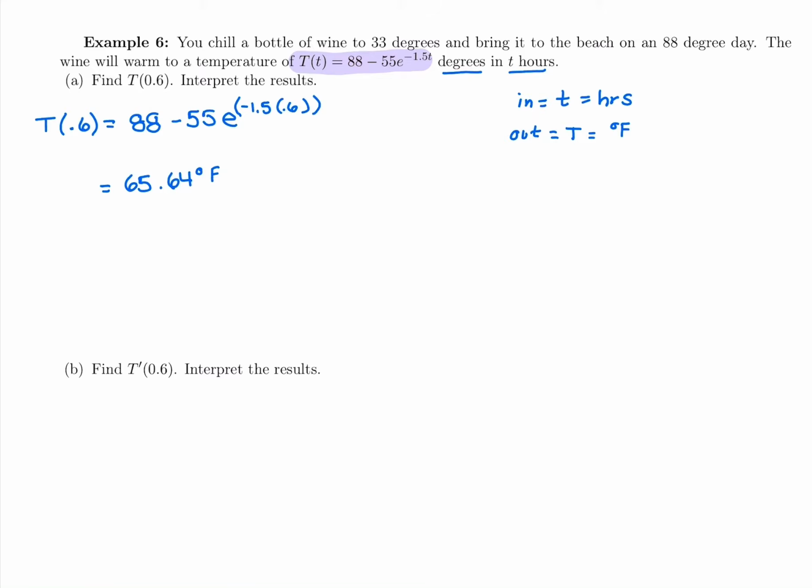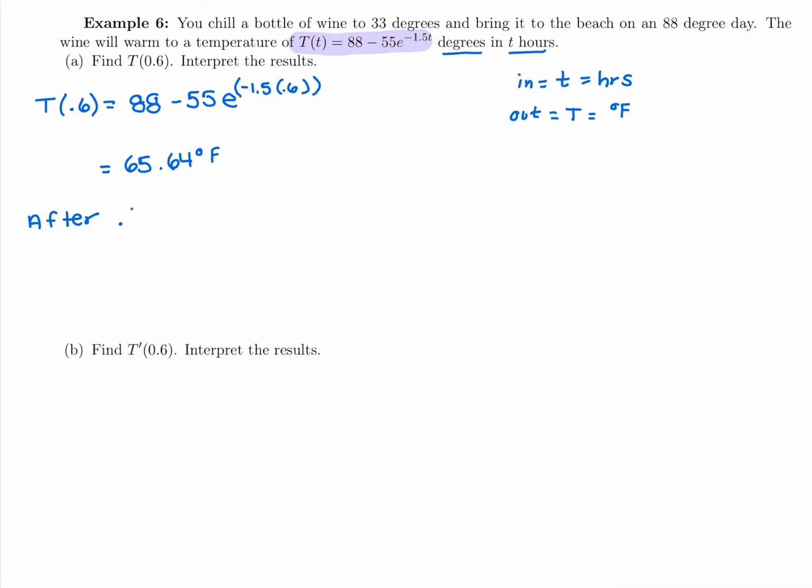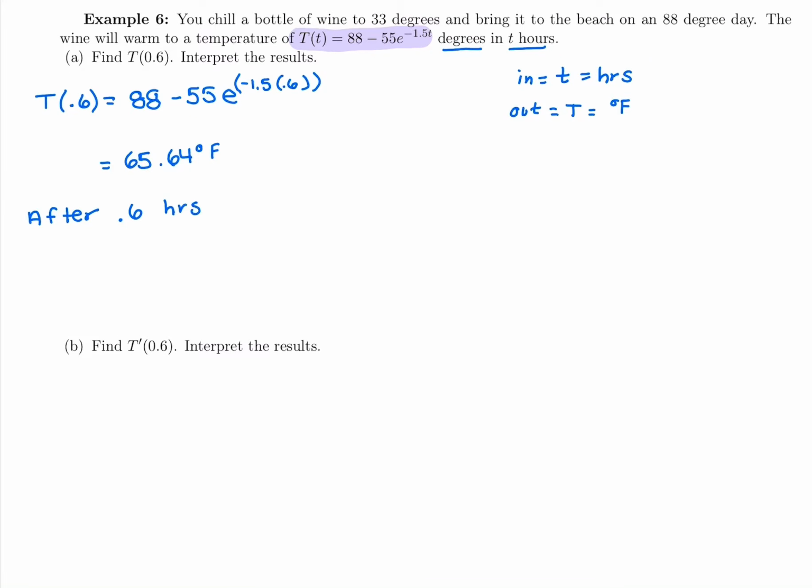So interpret this result. After 0.6 hours at the beach, which we could see how many minutes that is. You do 0.6 times 60 minutes in an hour and see that that's 36 minutes in.